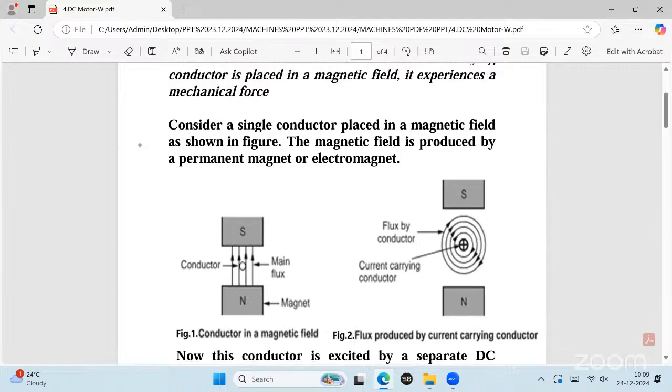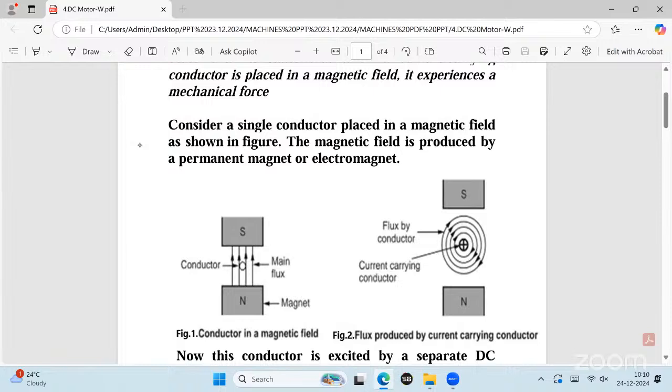Now DC motor. Next topic is DC motor. It's very important for me. Why am I going for DC? You have to understand this DC motor statement because we use it in measuring instruments, PMMC and moving iron, which run on this principle.